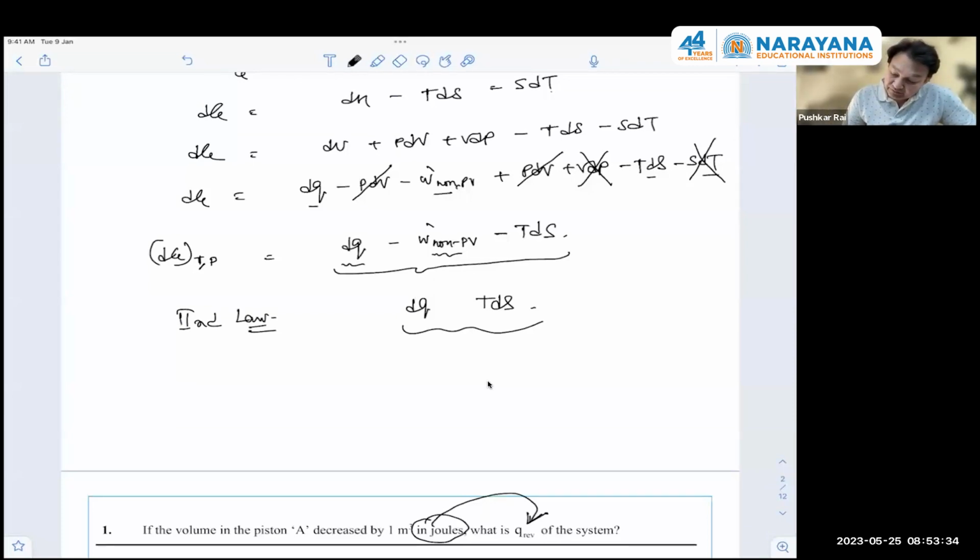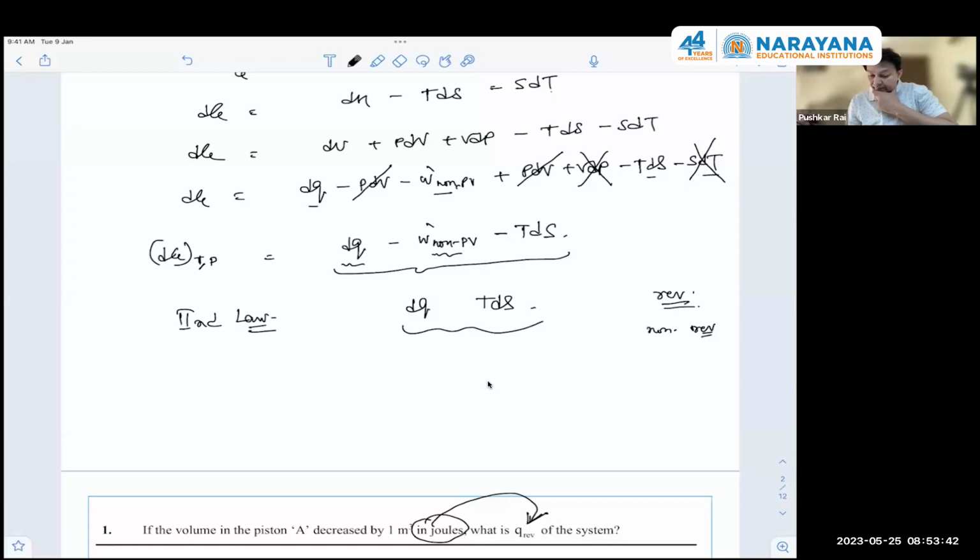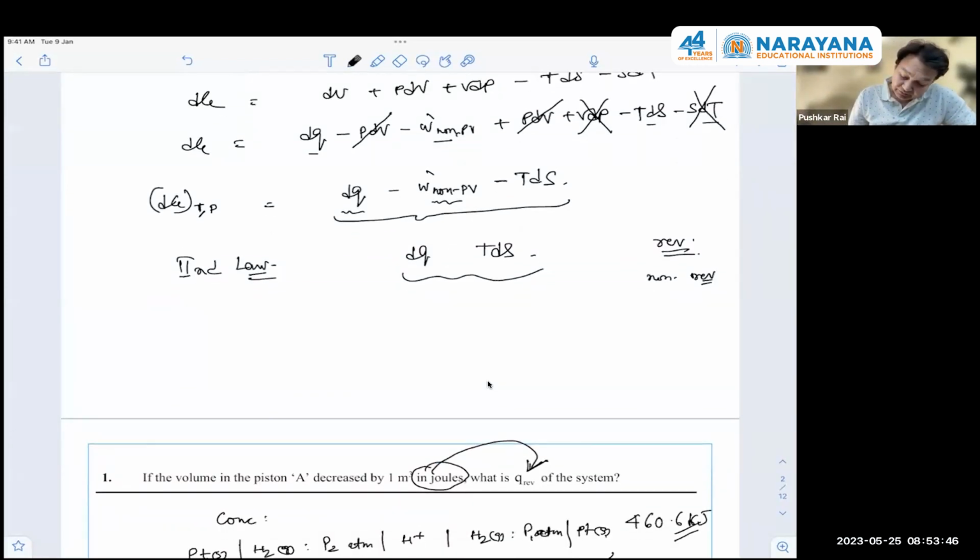And if it is not a reversible process, then we need to change our path. So the Clausius inequality, from which the second law comes, tells us that the sum of dq reversible by T is less than 0.